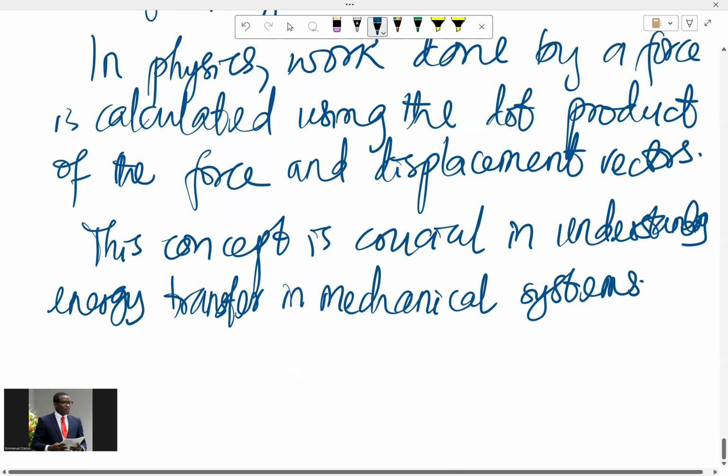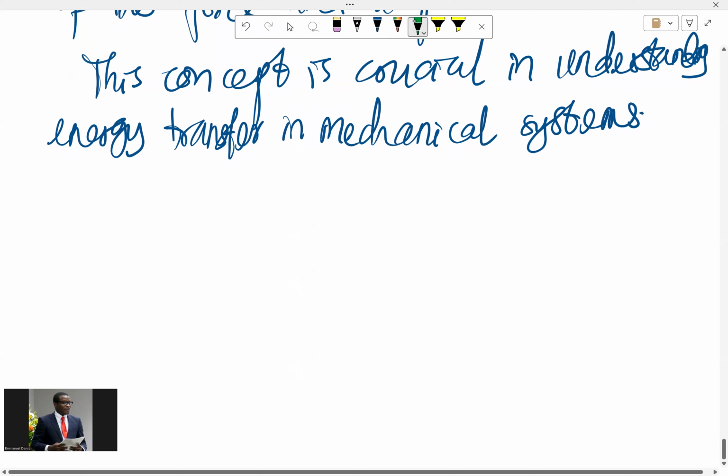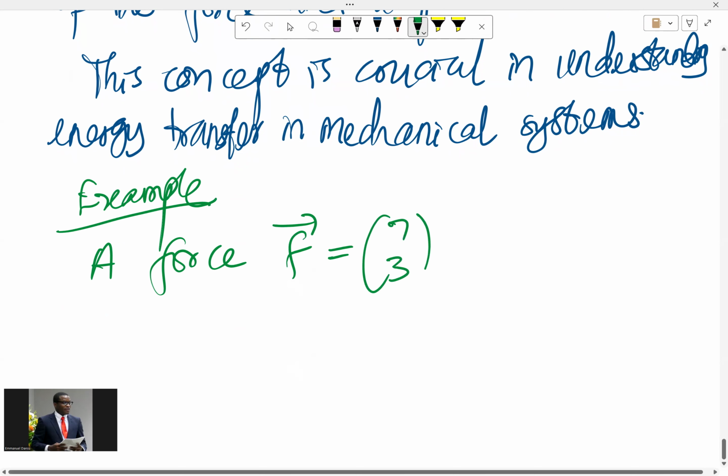So that's talking about work done by a force. So let's take an example of that. A force F, which is 7i + 3j Newton. That's 7 in the X direction and 3 in the Y direction.